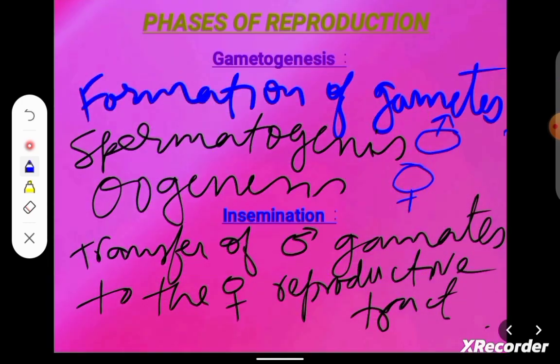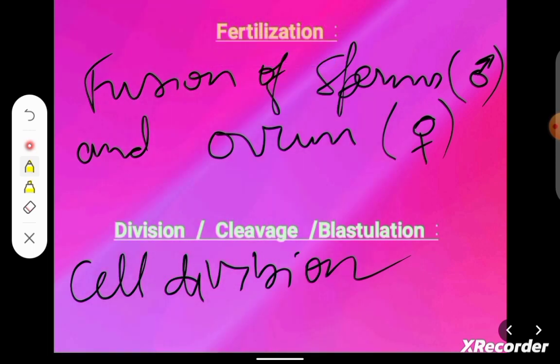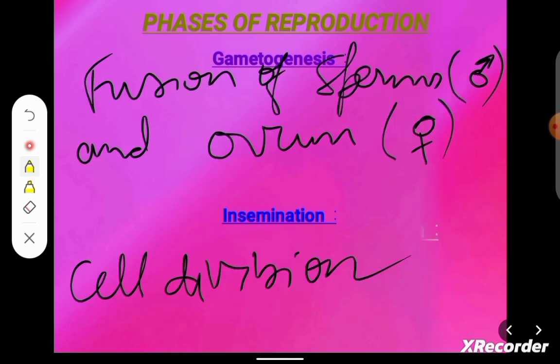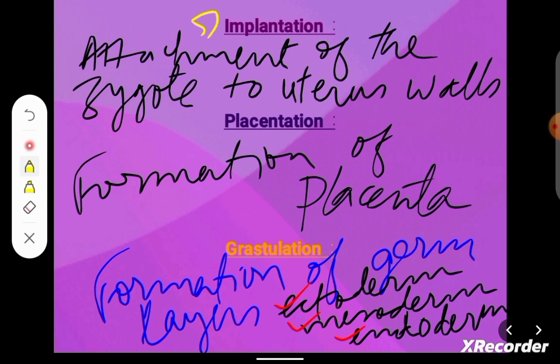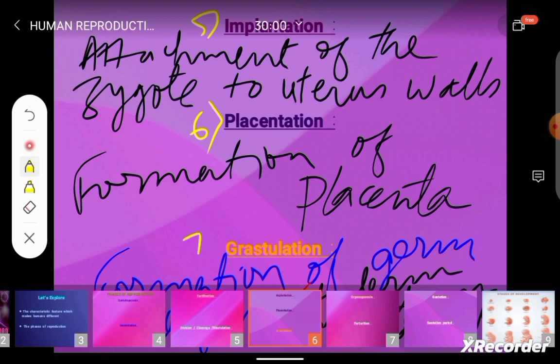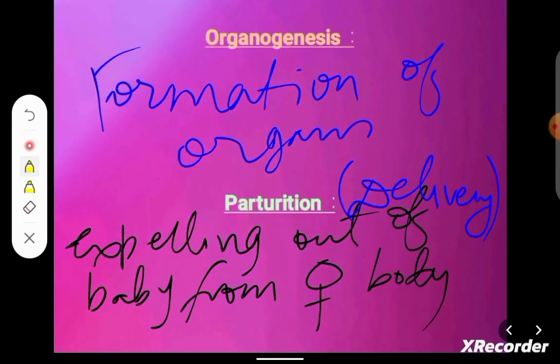So, this is the first one, second one, third one, fourth one, the fifth, sixth, the seventh, eighth, ninth.